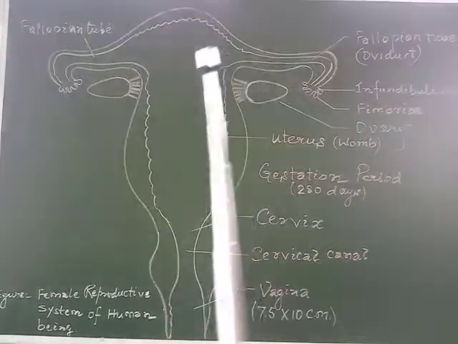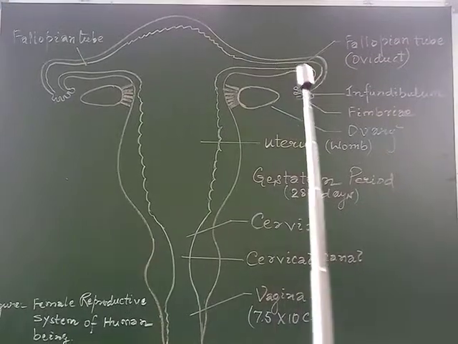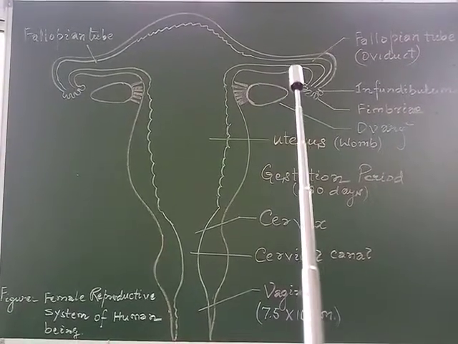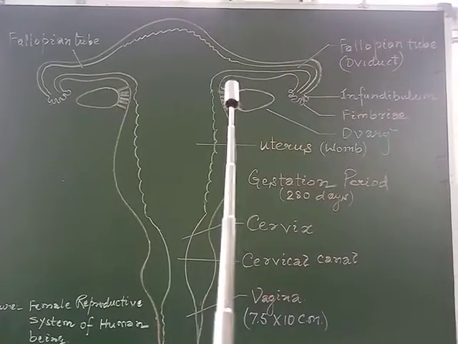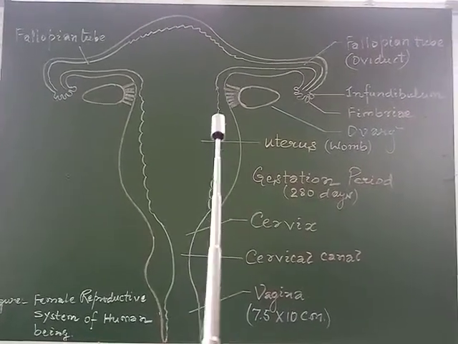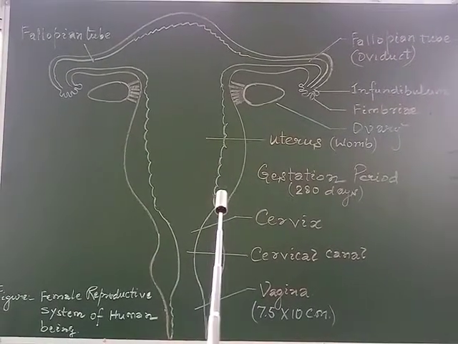If during that 24-hour period it comes in contact with the sperms, fusion may take place, fertilization will take place, followed by the further process that we have discussed, and we would say the female has conceived.